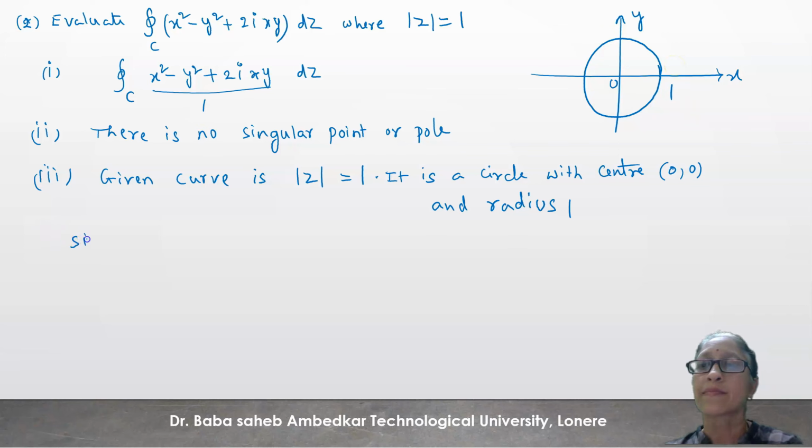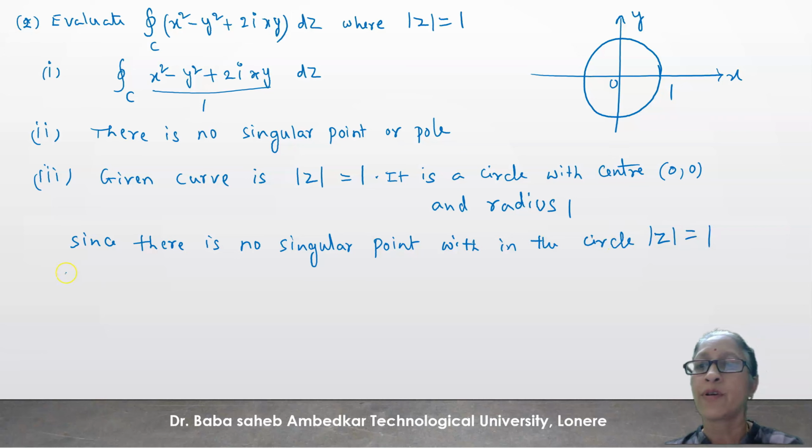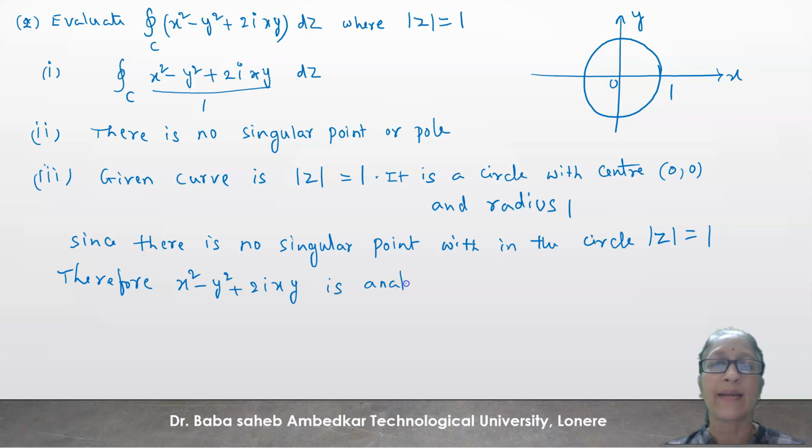So since there is no singular point within the circle mod z equal to 1, therefore this function x square minus y square plus 2ixy is analytic within the circle mod z equal to 1.